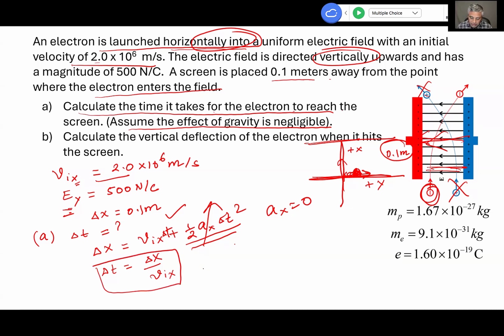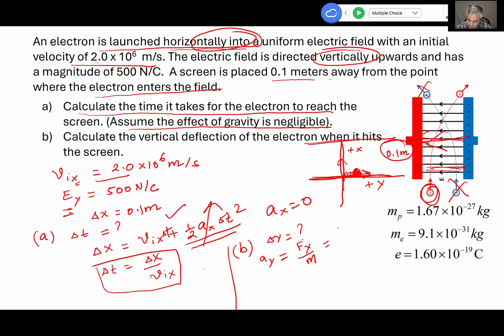Okay. Now in part B, what is it asking? Calculate the vertical deflection of the electron when it hits the screen. So delta y is what? Now in the y direction, it is accelerating. And what is the acceleration? Force in the y direction divided by the mass of the electron.